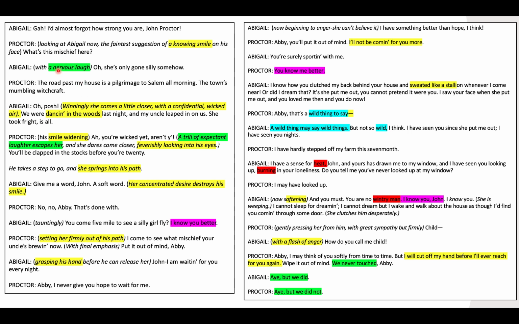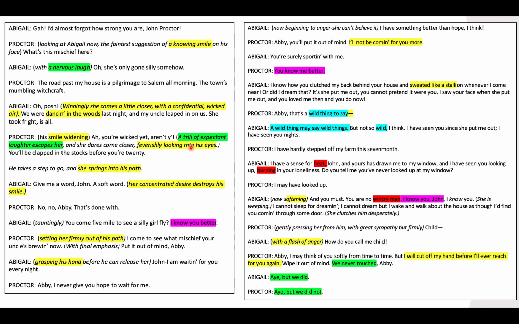And you'll notice that I have some green here, so everything that's green is linked together. Abigail has quite a nervous laugh, quite flirtatious, and then again her laugh develops just like his smile develops. We have a trill. What an interesting word. So this idea of trill would be something that I could analyze. As you're picking these, you're always thinking to yourself, could I use this in an essay?